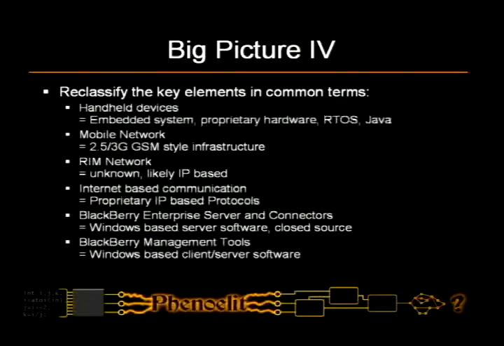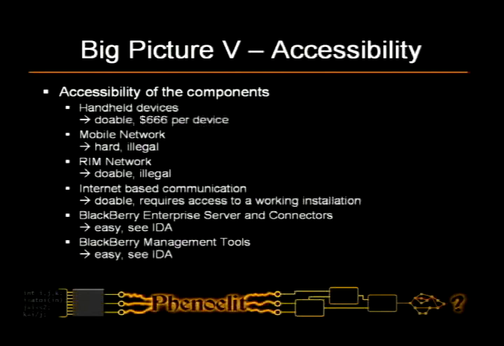Now, with the classification, you can also go ahead and see how's the accessibility? Like, how easy is it to get to one of those components? Handheld device, doable, just costs money. Mobile network, pretty hard because people tend to defend their GSM networks, but also pretty illegal.